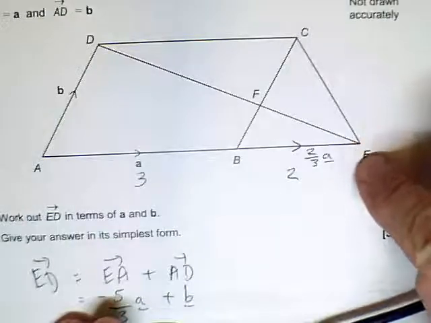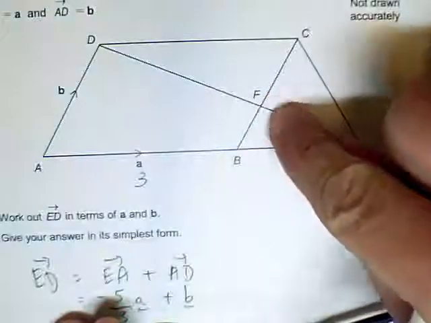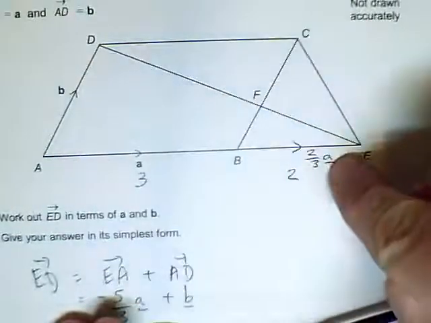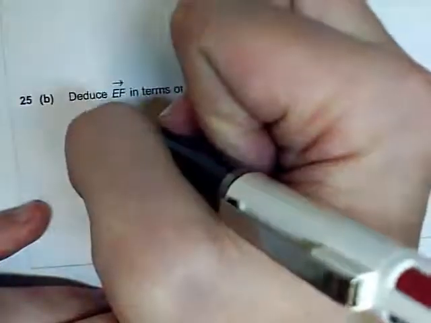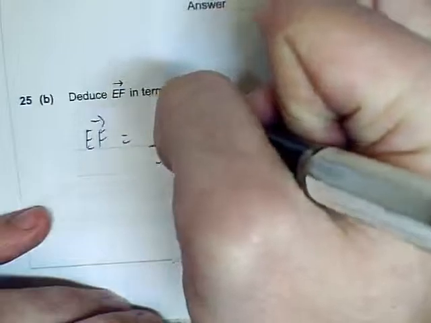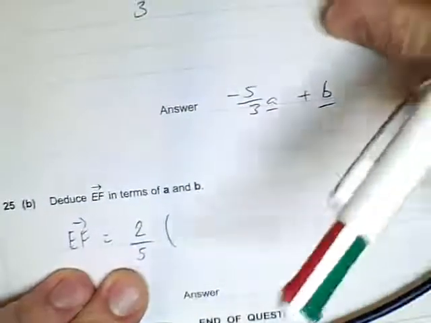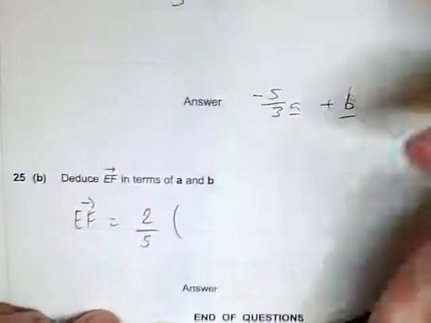So whatever the vector is from E to D, E to F would be 2/5 of it. So I'm going to write that down. So 2/5 of vector E to D, which we just worked out to be that.